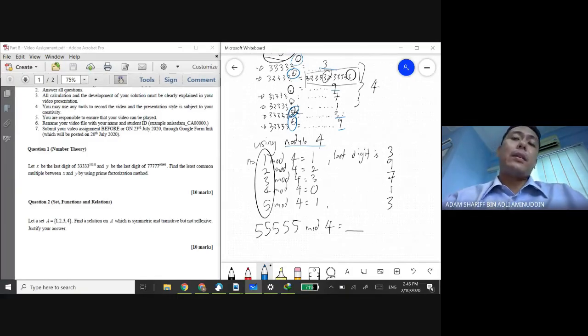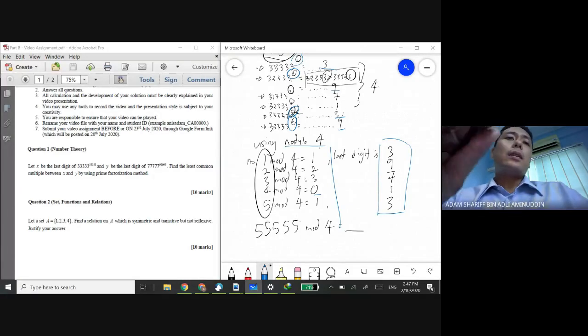Let n be the power of 3333. Using modulo, 1 mod 4 is 1, 2 mod 4 is 2, 3 mod 4 is 3, 4 mod 4 is 0, and I record that when n mod 4, what you will get is this last digit.